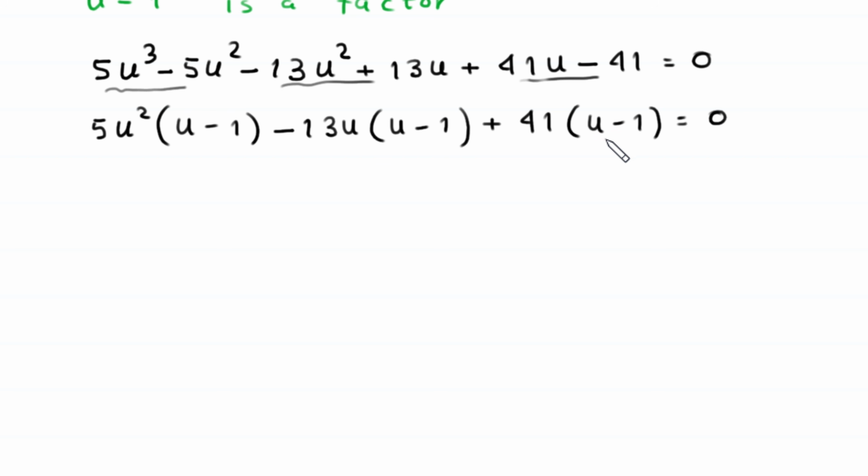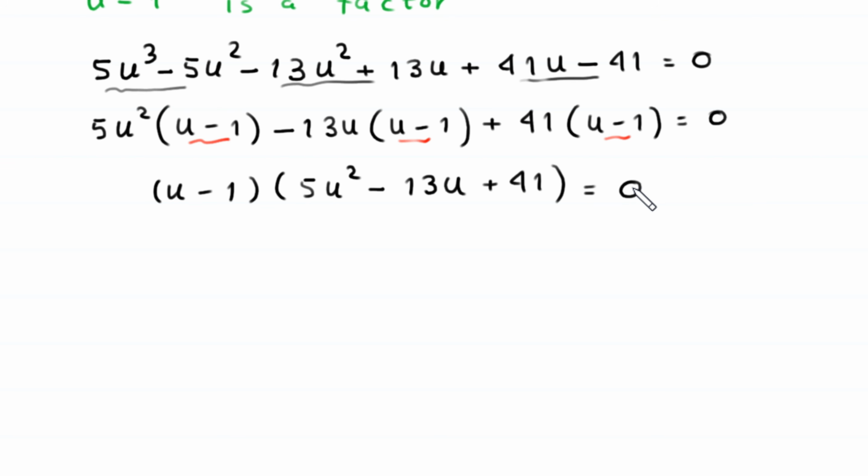And this u minus 1 is a common factor, so we factor out this u minus 1, in bracket left 5u squared minus 13 times u plus 41 equal to 0.